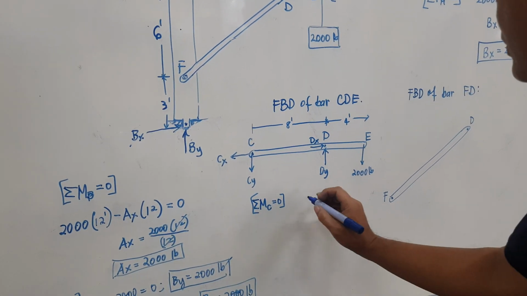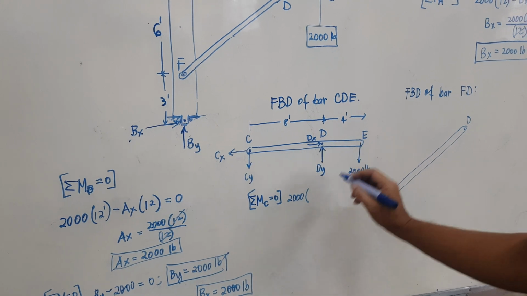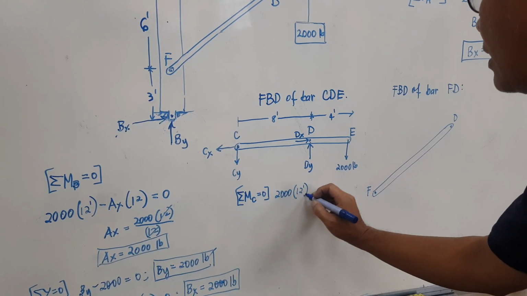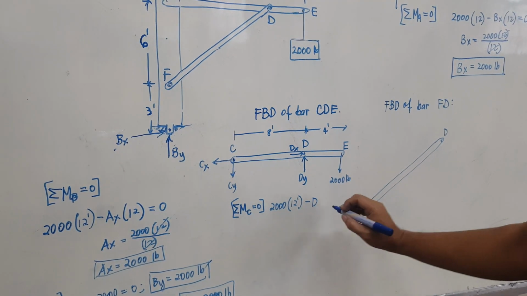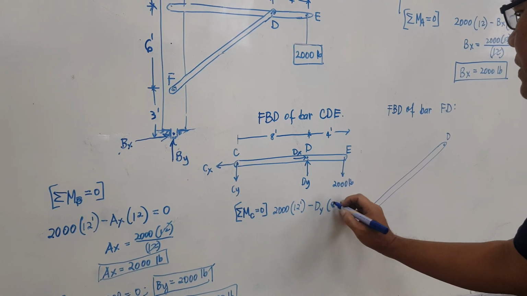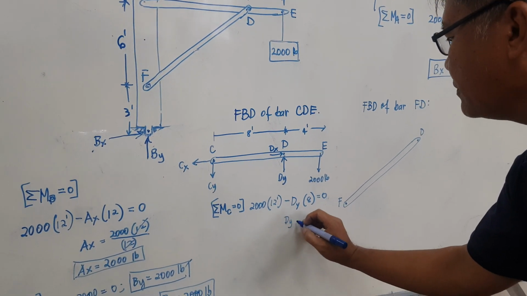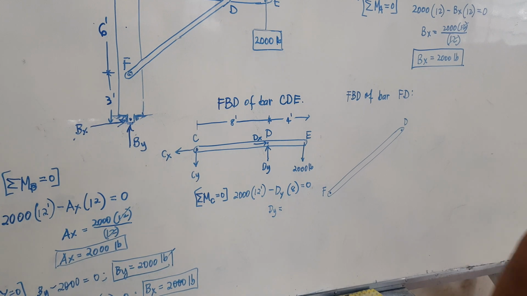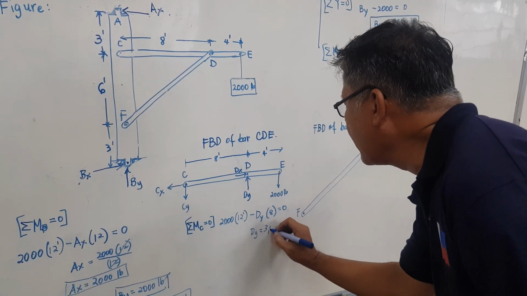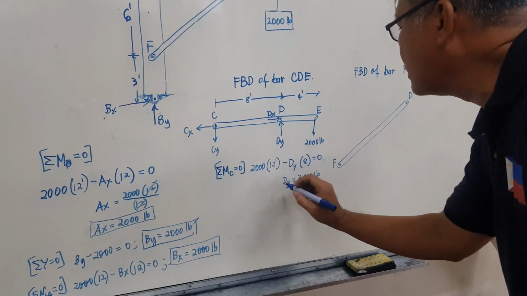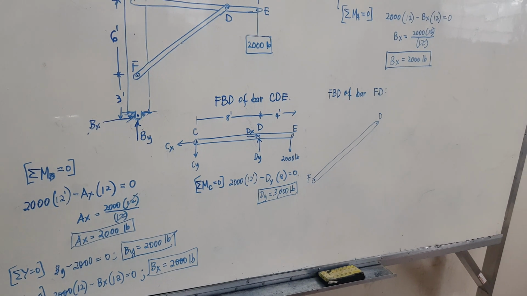So the equation would be 2,000 pounds times the distance of 12 feet minus Dy, because it is producing counterclockwise direction, times 8 is equal to 0. So Dy can be computed with a value of 3,000 pounds. So that is also one of the answers.